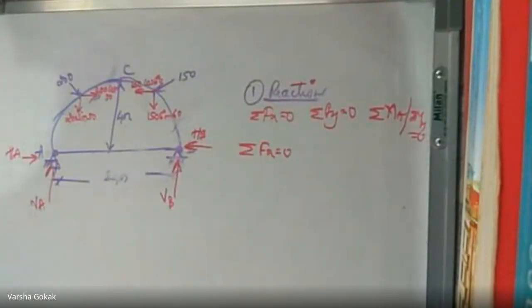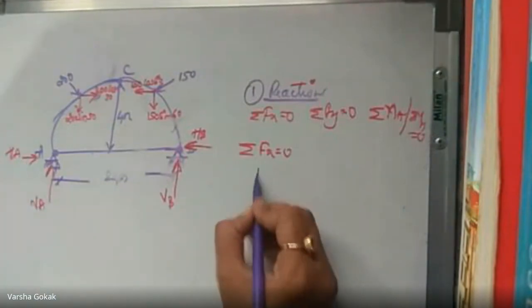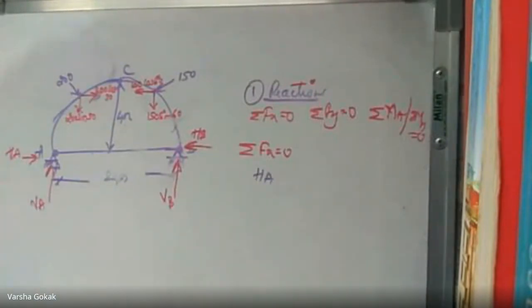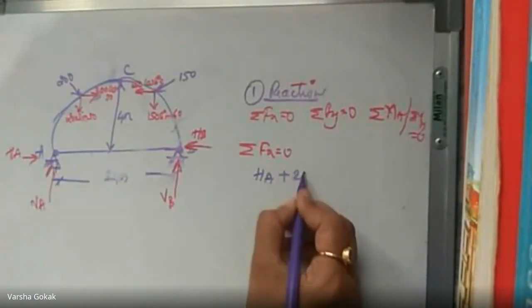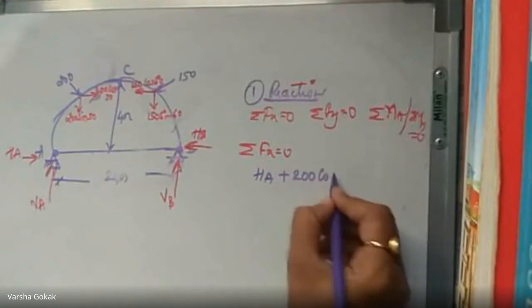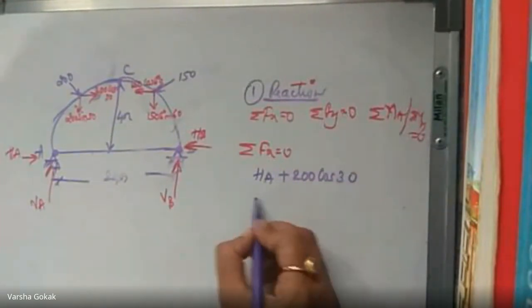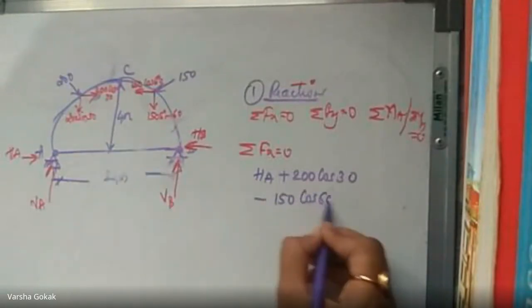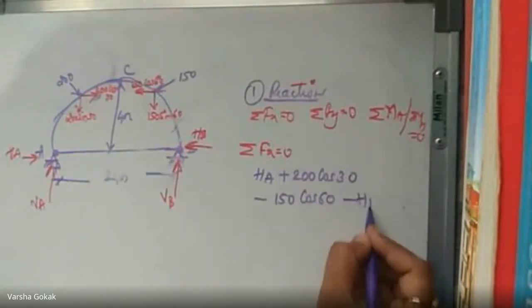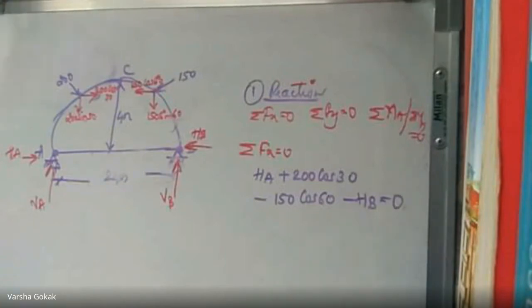All the horizontal forces you have to consider. So I have HA, and then I have plus 200 cos of 30, then minus 150 cos of 60, and minus HB equal to 0.